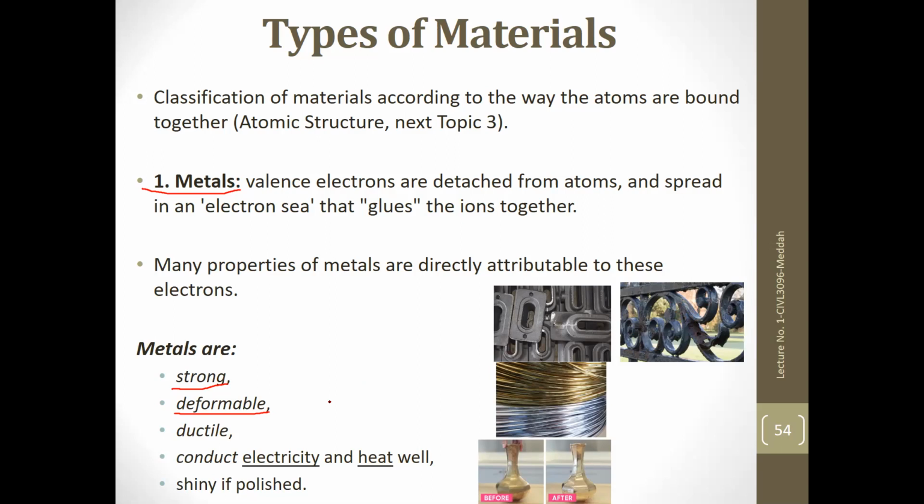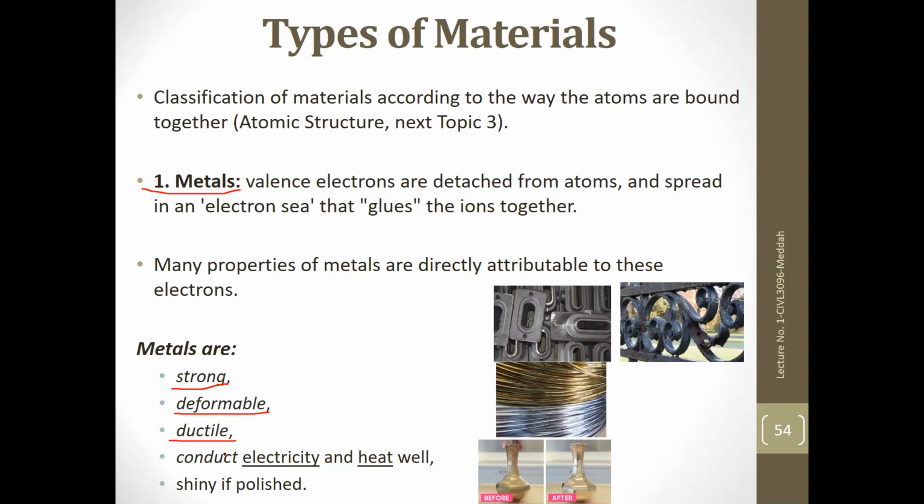Also, as we said, most metals are ductile materials, but there are a few metals that, in a specific state, are brittle. The difference between ductility and brittleness is in terms of plastic deformation.